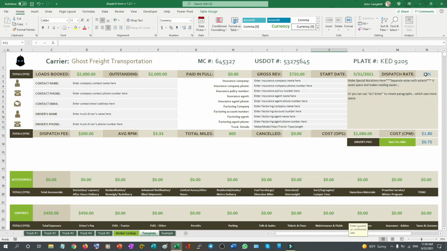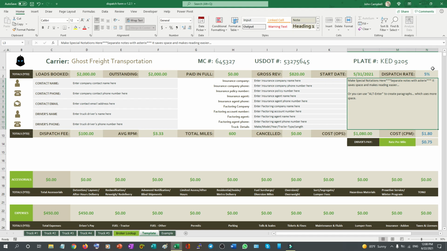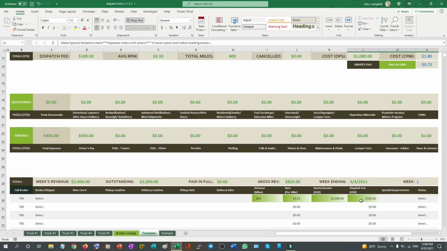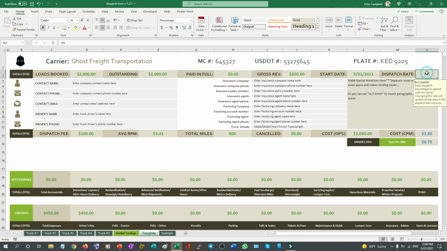If I were to change this to 5%, then this would no longer be $200, it's now $100, because that's 5% of $2,000. But we're going to leave it at 10%.